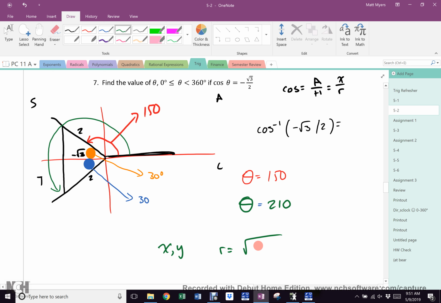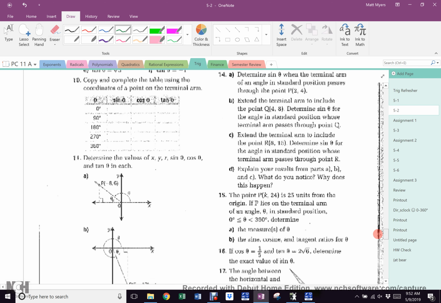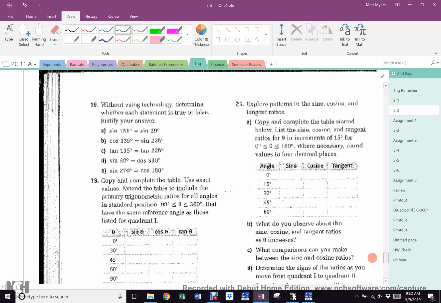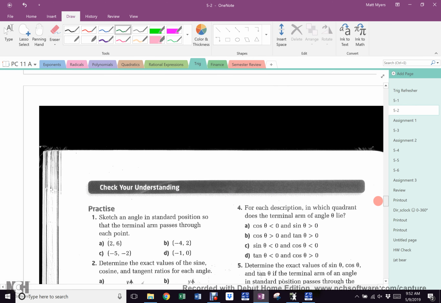Yeah. Now, I don't normally do this, but I'm going to do it today. Again, what page are we on? 157, 158, 159 has work.